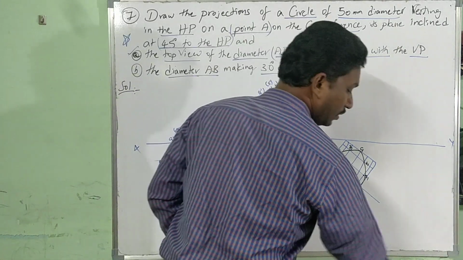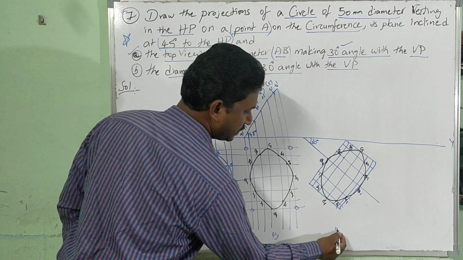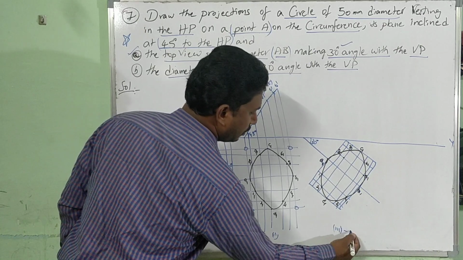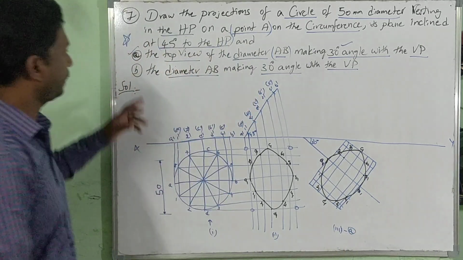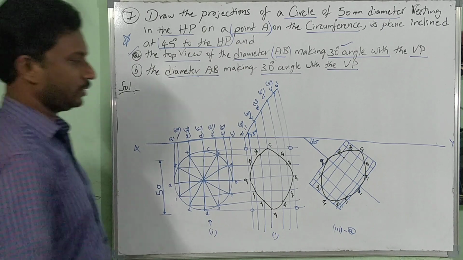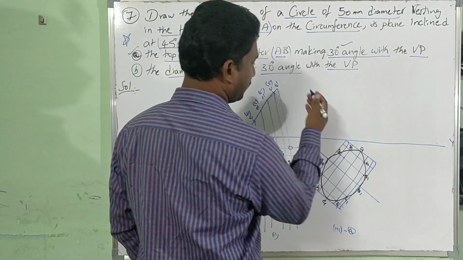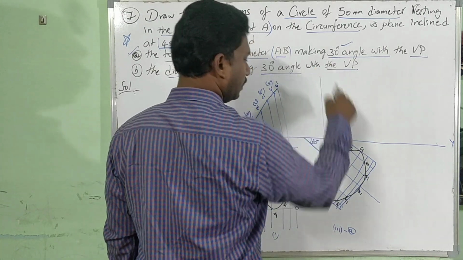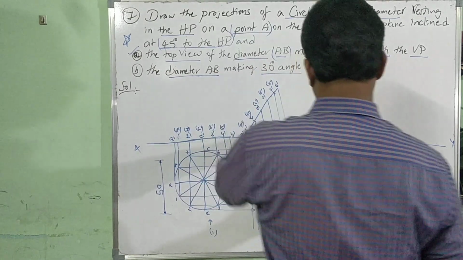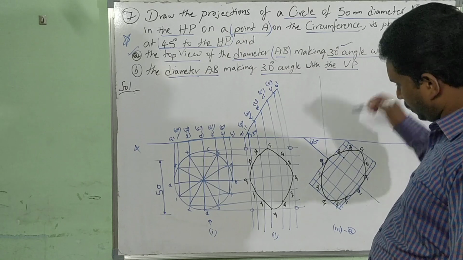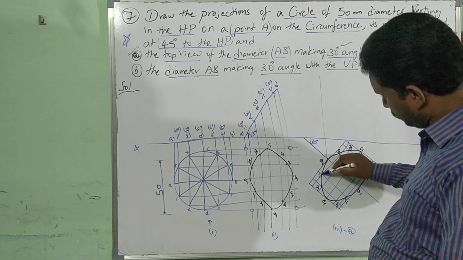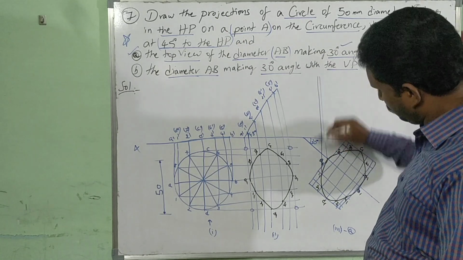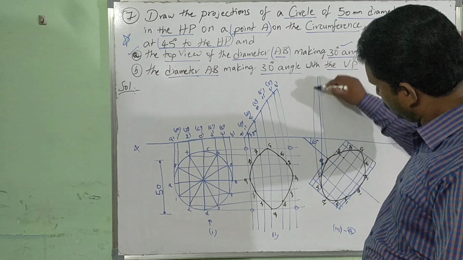Now in the same way we have to project its stage 3, which is nothing but here, question A. Now from here try to project its front view. Simple. A, 1 1, 2 1.